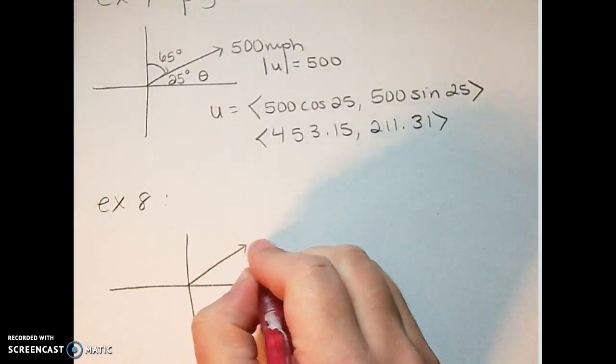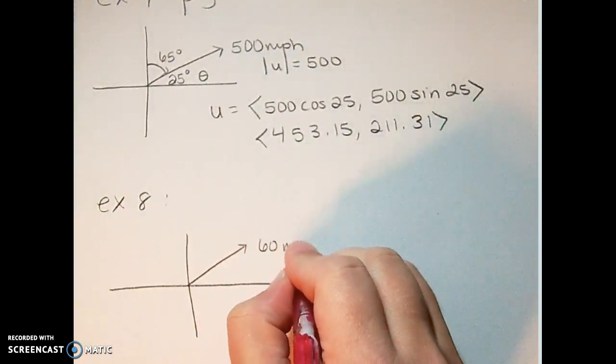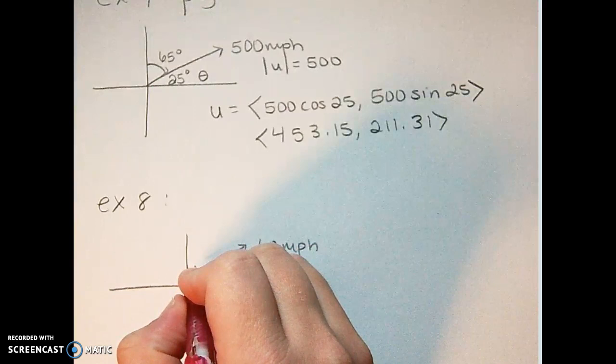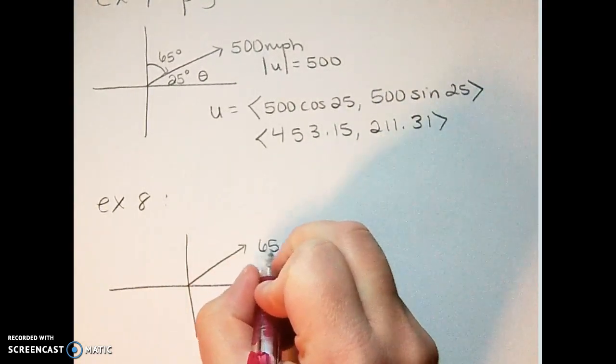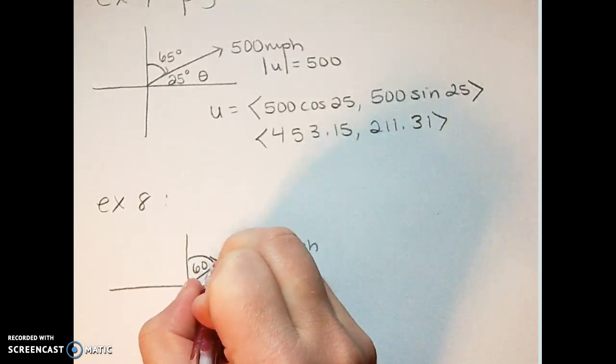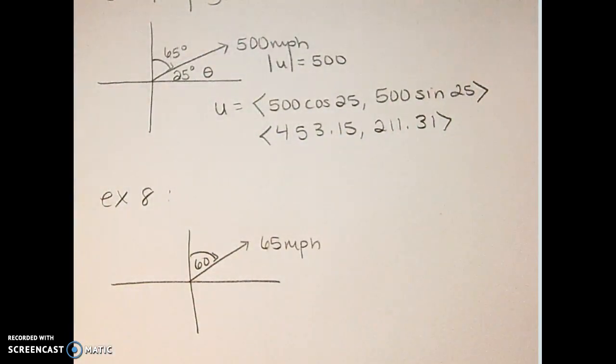So here is our 60-mile-an-hour wind, got a little backwards there, at a 60-degree angle, right? Then it says find the compass heading that she should follow and determine what the airplane's ground speed will be, assuming that its speed with no wind was 450 miles per hour.